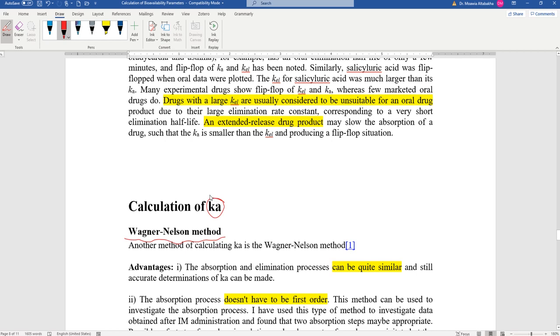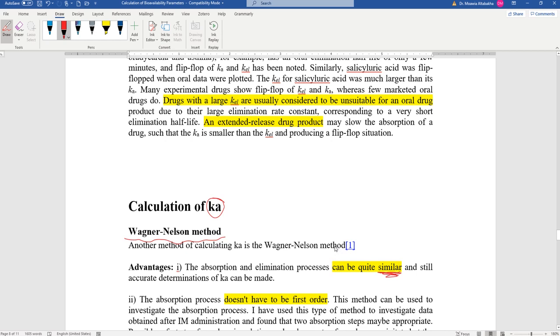I didn't start talking about F. The good thing about this method is that the rate of absorption constant and the rate of elimination constant can have similar values, and this is not a problem. We can still accurately calculate KA and KL.